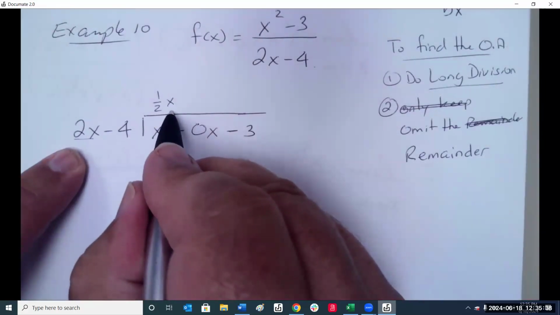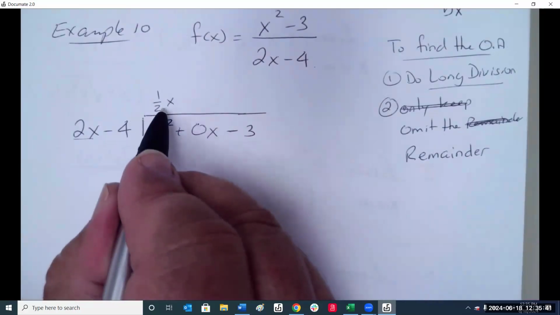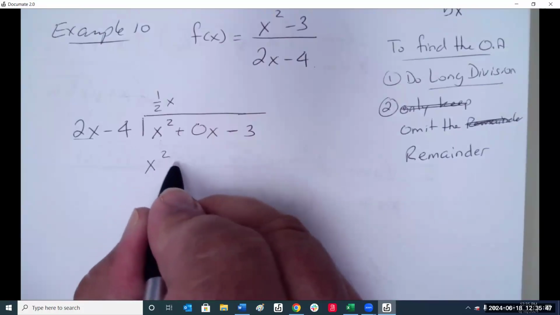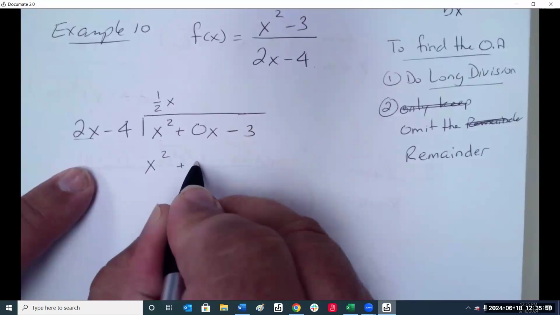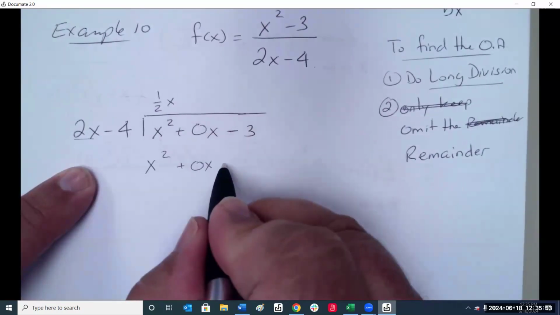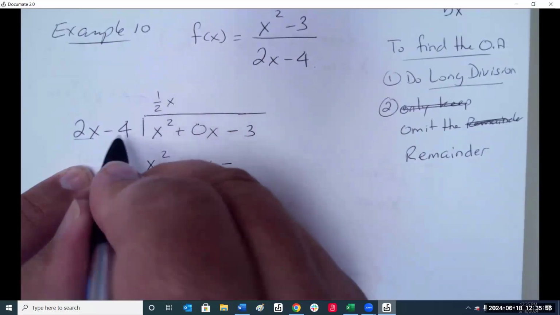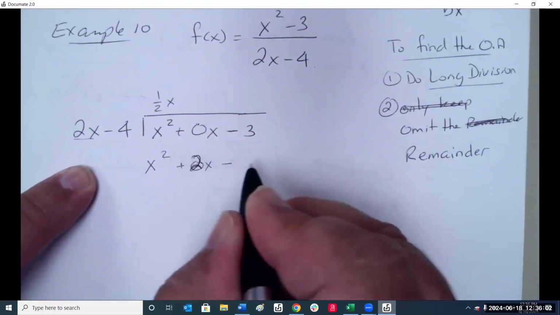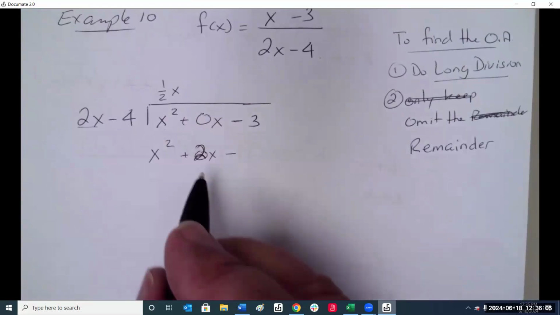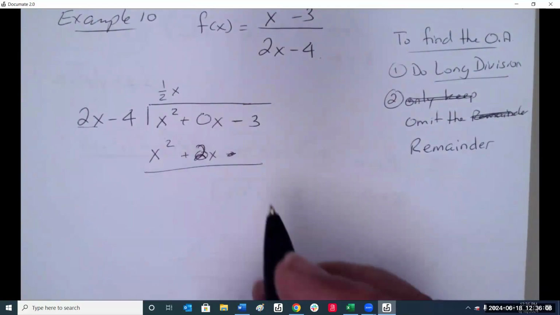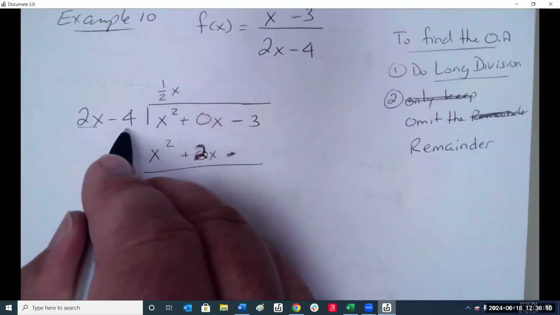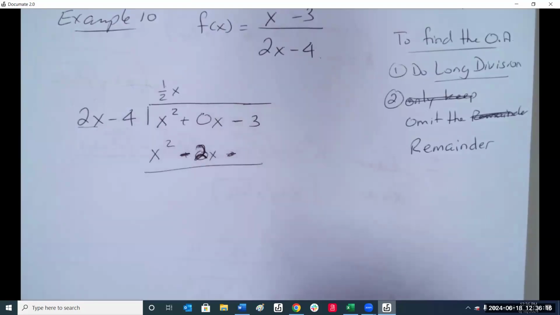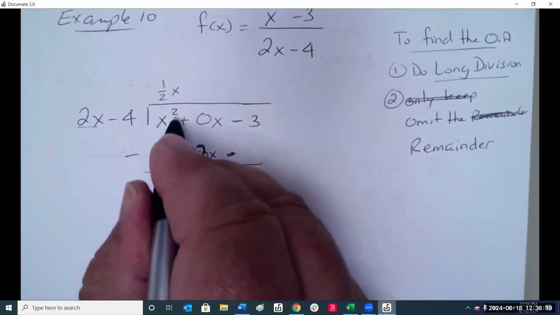Because 1/2 times 2 is 1, x times x is x squared. Now we multiply 1/2 x times that, so it's x squared. There is no x's. 1/2 times 4 is 2, so it's 2x. It's a minus sign. Change the signs, add the numbers.